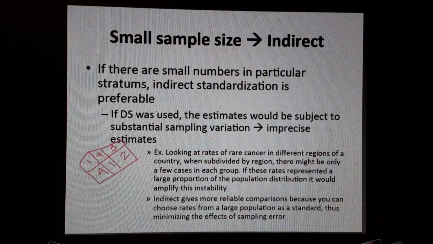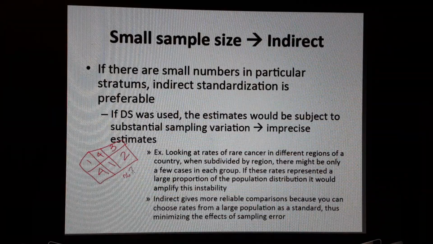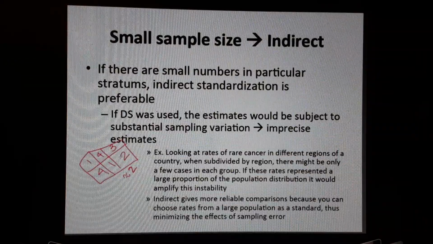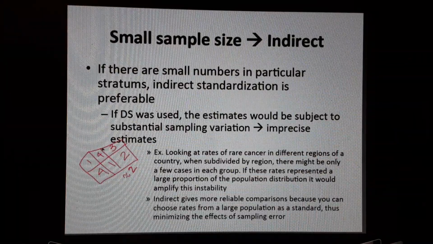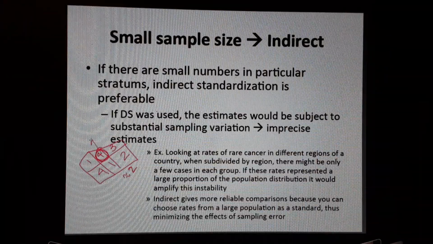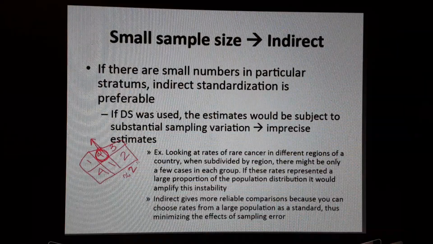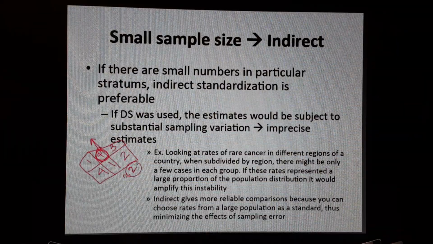Okay? So this should work out to, on average, about 2 cases per population. However, if you say we only grabbed these guys from your population, that has now doubled your rate of what it should be.